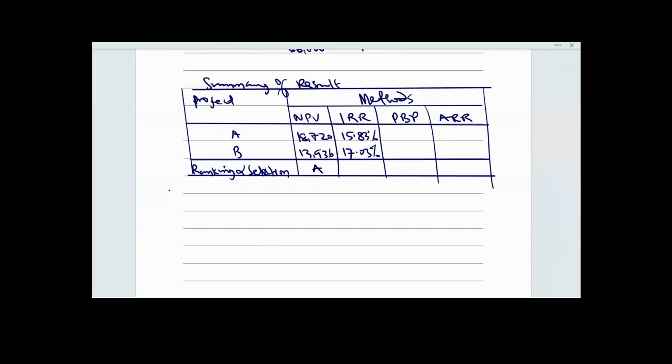Project B, because project B produced a higher internal rate of return relative to the company's cost of capital of 10%.